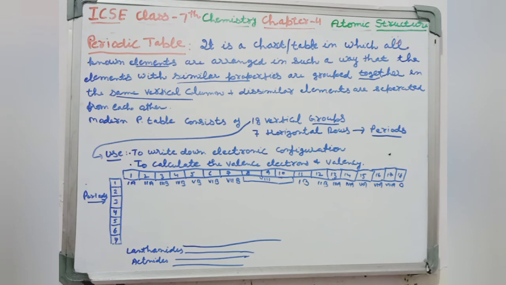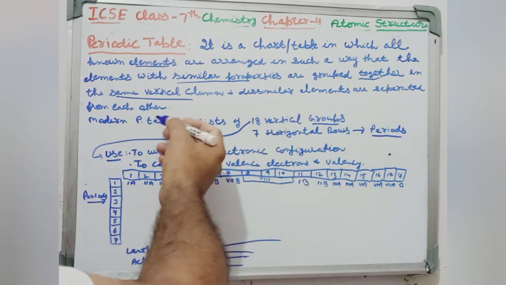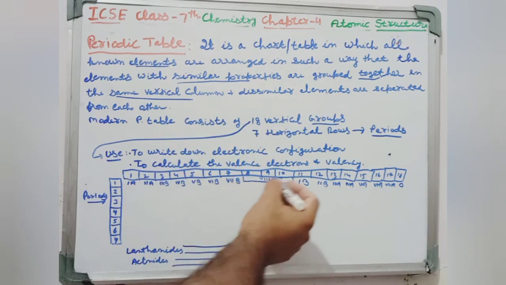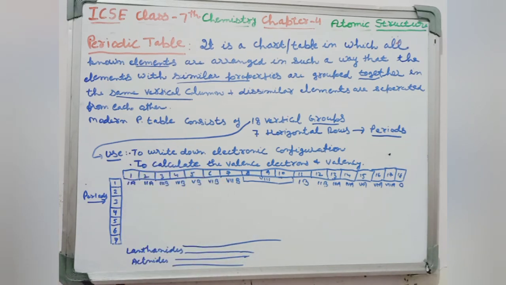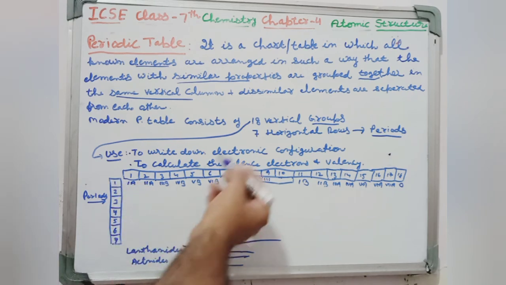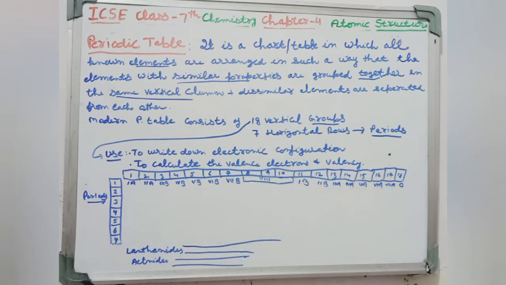These are their groups. Now these are periods. Horizontal rows show periods. These are 7 in number, and vertical columns are 18 in number.